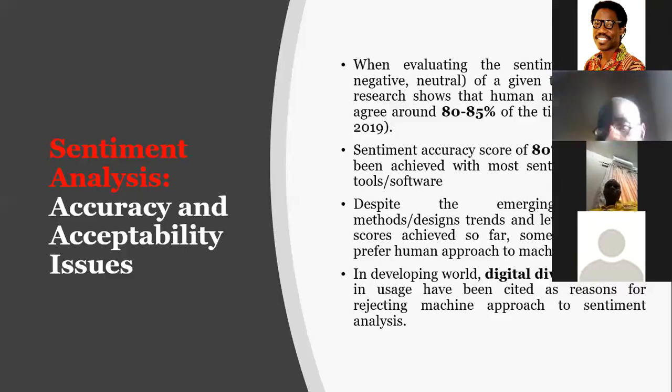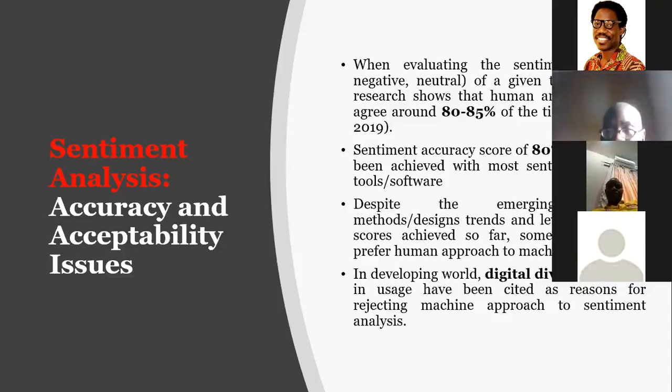But some scholars also did some analysis when evaluating sentiment analysis. They said research shows that human analysts tend to agree around 80 to 85%. Most of us who understand how to use intercoder reliability discover that if we do a content analysis and we don't have intercoder reliability, there is a possibility of rejecting your paper or sending it back to you.